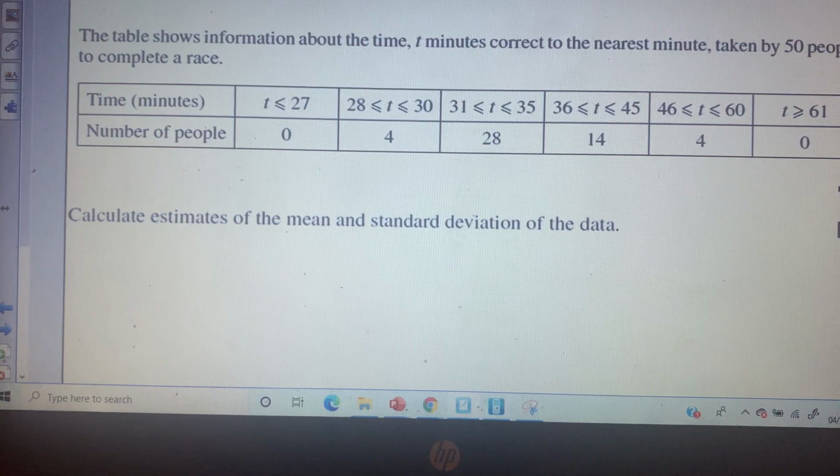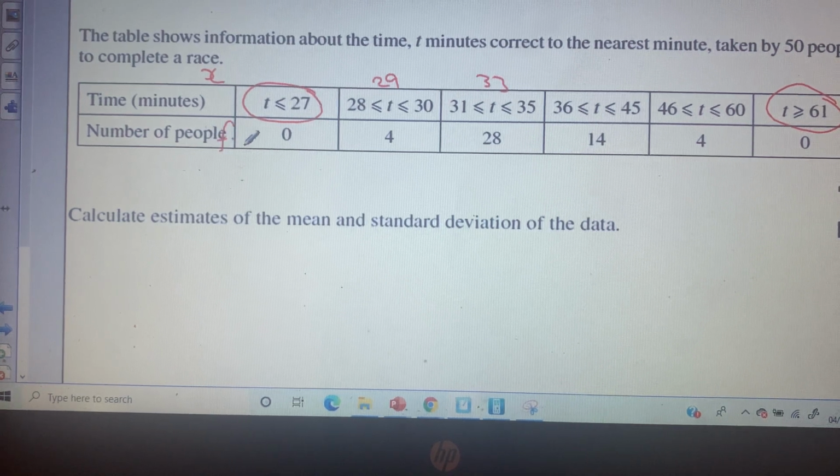Have a go at this. It's a table. In fact, you've seen this table before with histograms, but with histograms you have to think about the categories. Because there's a frequency of 0, it doesn't matter that that's an open-ended category. We'll talk about open-ended categories next lesson. So you will need to find the midpoints. Your x values will be the midpoints of these, so 29 and so on, 33.